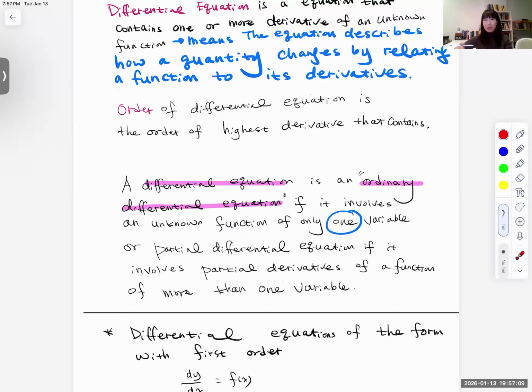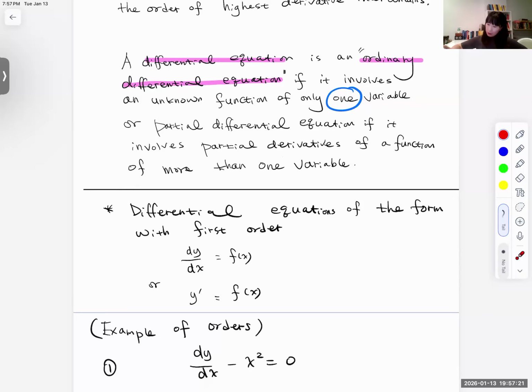But we are learning only ordinary, so the derivative involves only one variable, right?